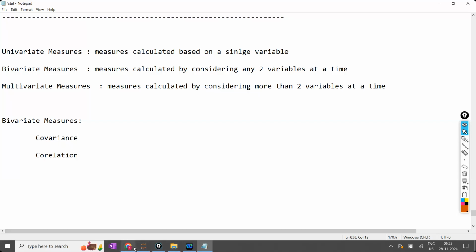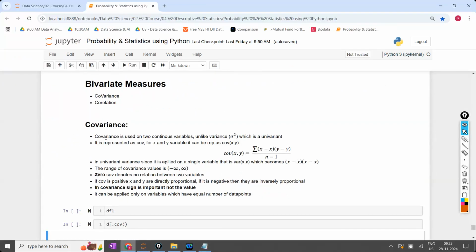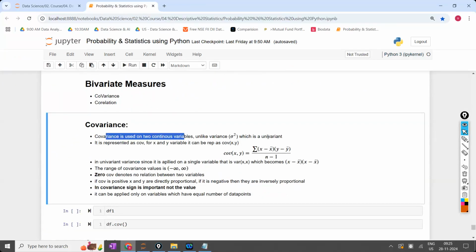Covariance is used for two continuous variables and it is represented as COV(x, y). The importance of covariance is that it identifies the variation between the two variables.